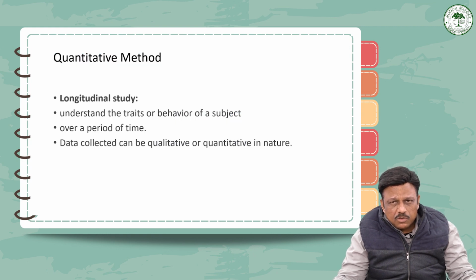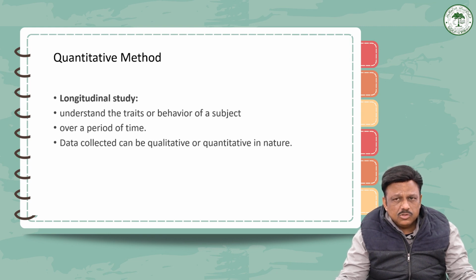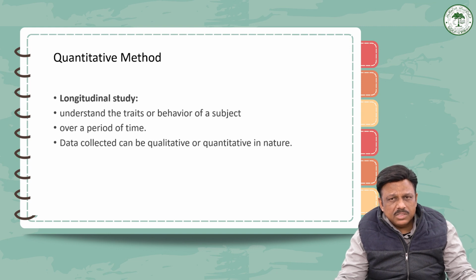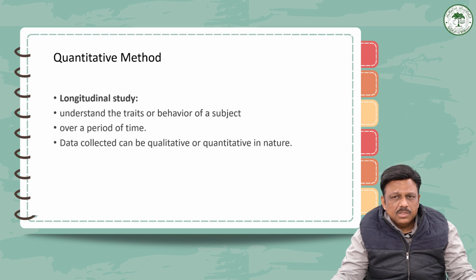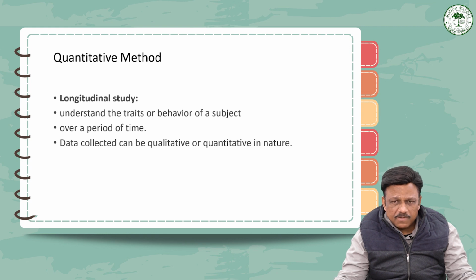Then another way of doing quantitative research is a longitudinal study. A longitudinal study is used to understand the traits and behavior of a subject under observation after repeatedly testing the subject over a period of time. Longitudinal itself indicates a period of time in which the same subject is exposed to certain kinds of experiments, and then those experiments and the results are factored in.